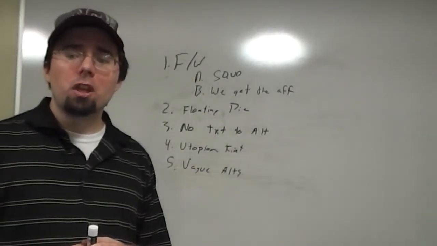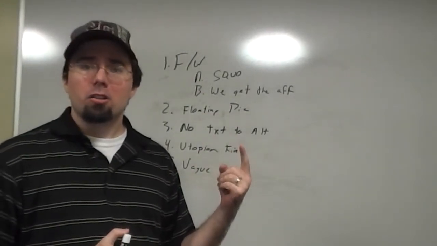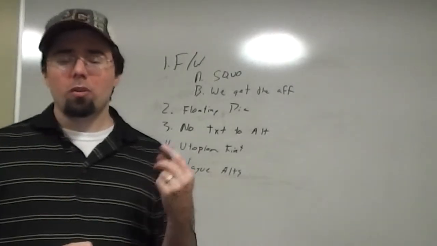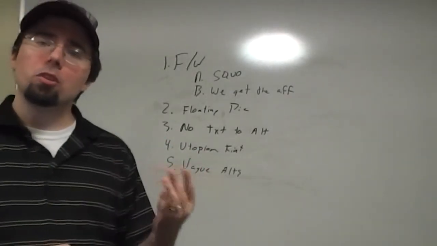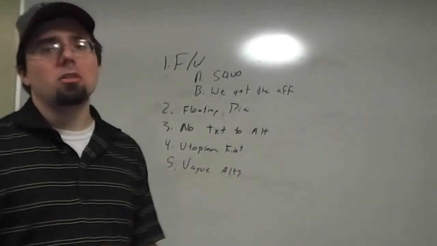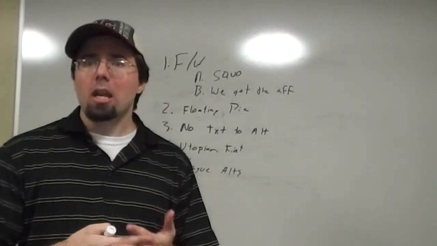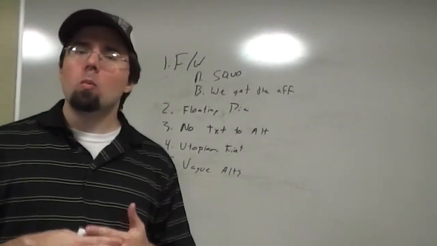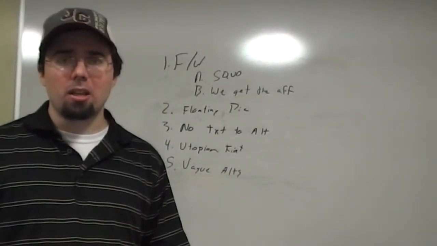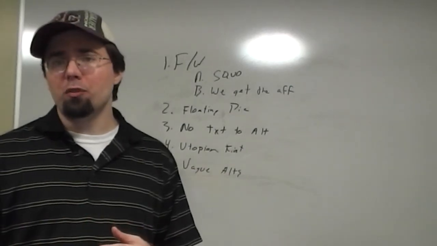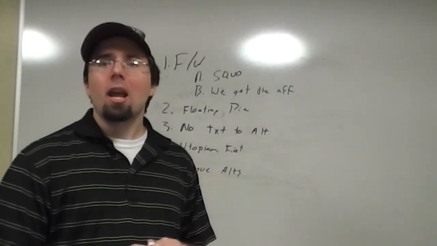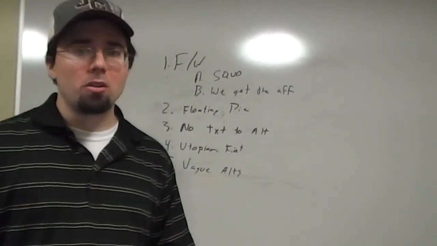So in these 4 videos, we have looked at the solvency deficit, we've looked at the permutation, we've looked at offense, and we just got done looking at theory. Hopefully now you feel more comfortable in debating against the criticism and won't be quite as intimidated now that you know there's a simple formula in order to beat a criticism when you are a policy affirmative.